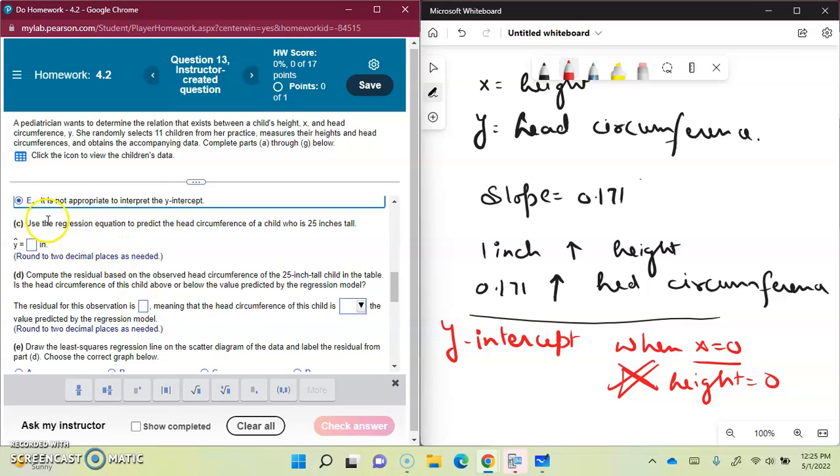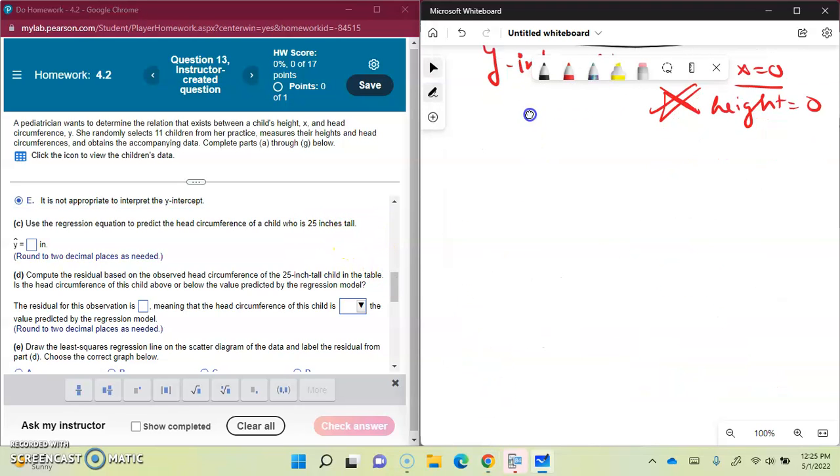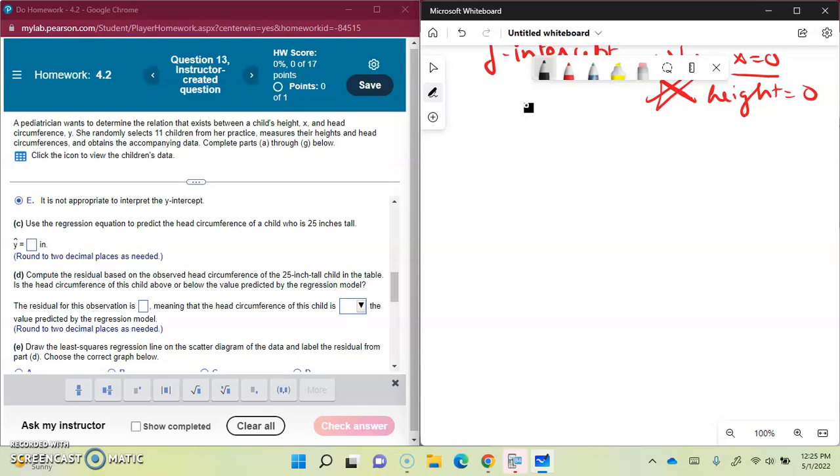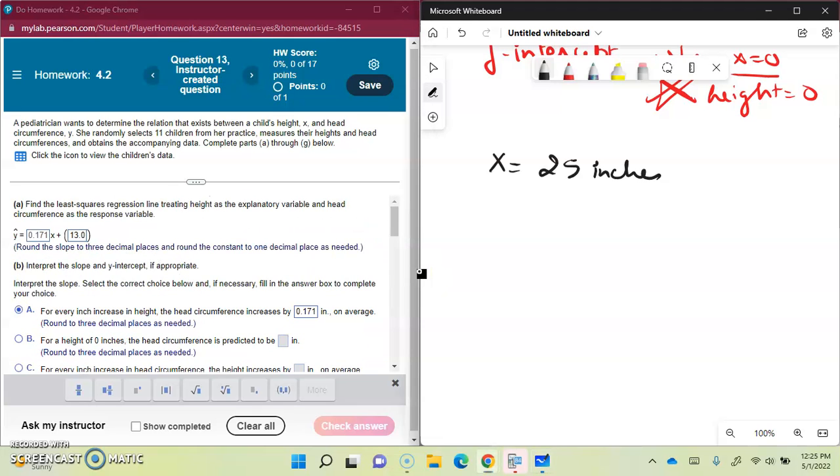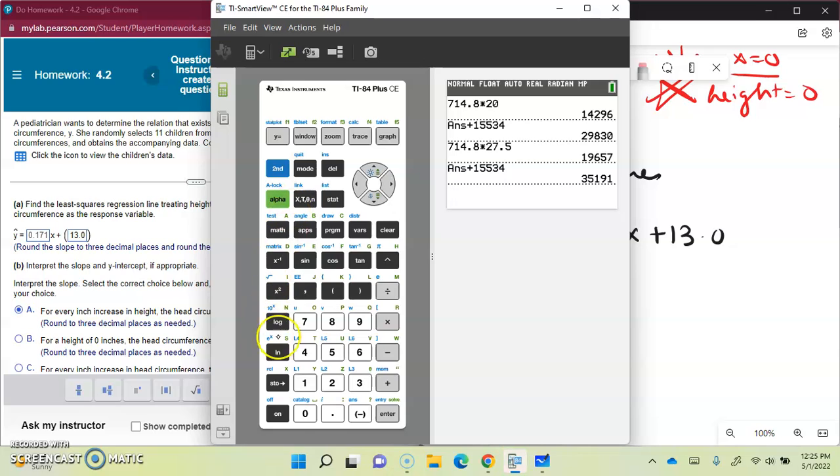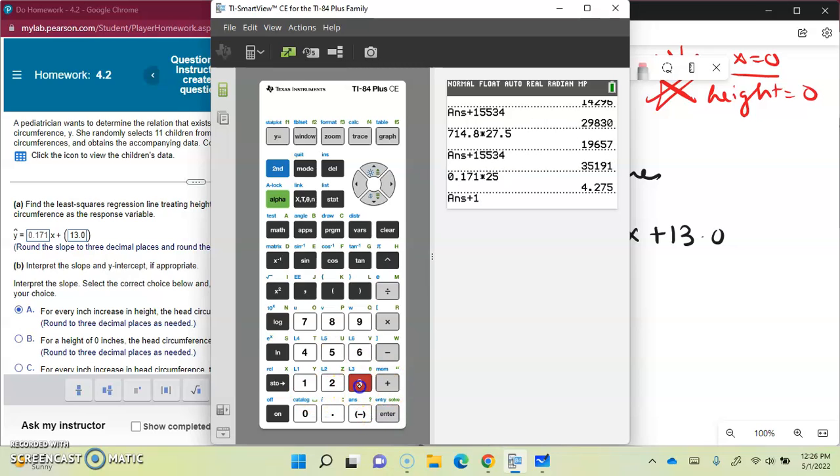Use the regression equation to predict the head circumference of a child who is 25 inches tall. So the height is given to be 25 inches, and we have already found the regression equation, 0.171x plus 13.0. In the calculator, we can do that by 0.171 times 25 and adding 13 to it.